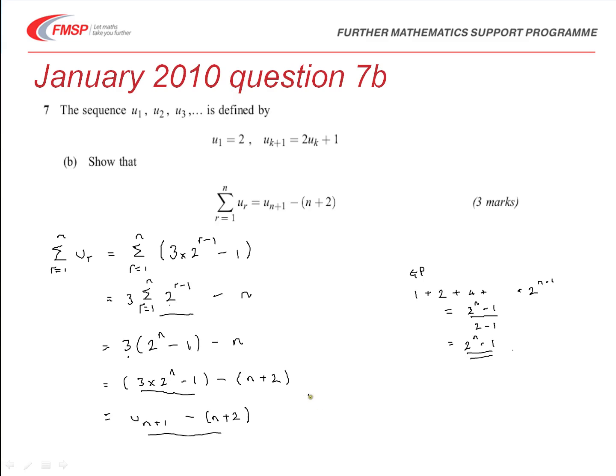Well, 3 marks. We'll get a method mark for appropriately expanding and simplifying this term, 1 for getting an accuracy mark up to this point, and then 1 mark for getting through to the required result.